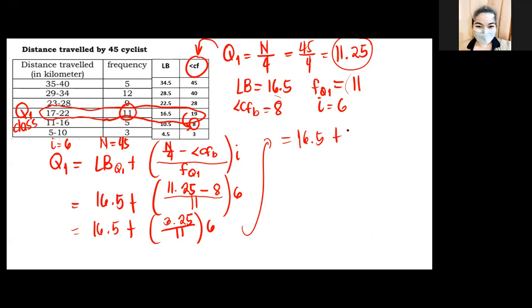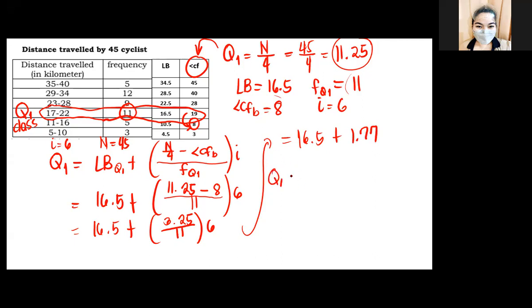0.2954545. Tapos idiretso nyo na siya ng multiply sa 6. Ulitin pa, 3.25 divide by 11 times 6. Tapos mag-equal kayo. Anong answer? 1.77, correct. So, ano yung magiging Q sub 1 natin?